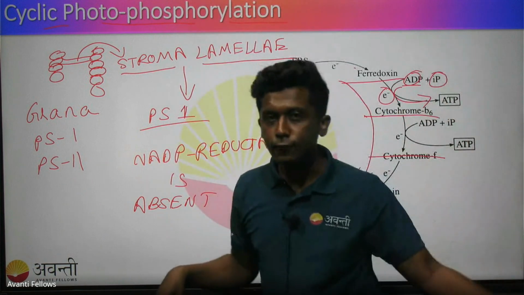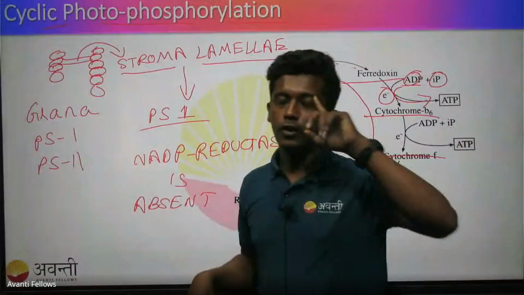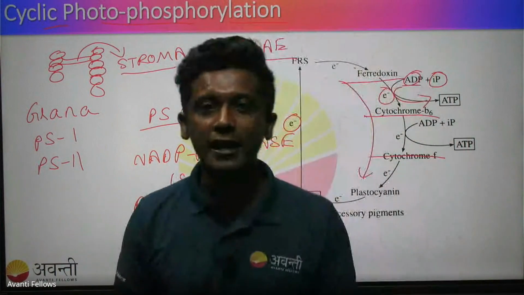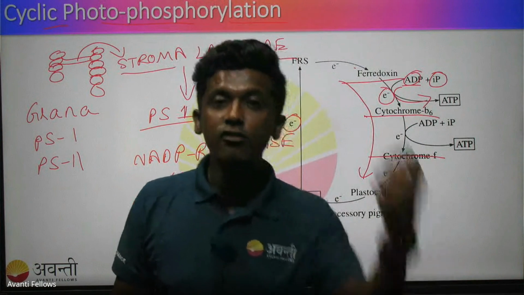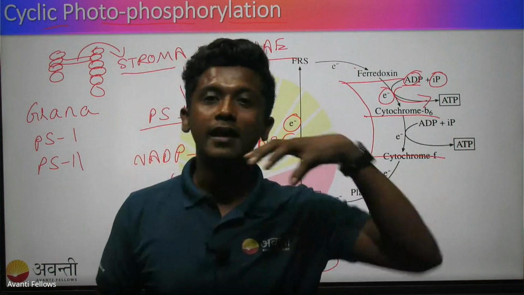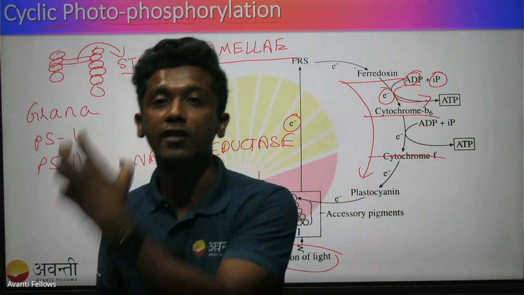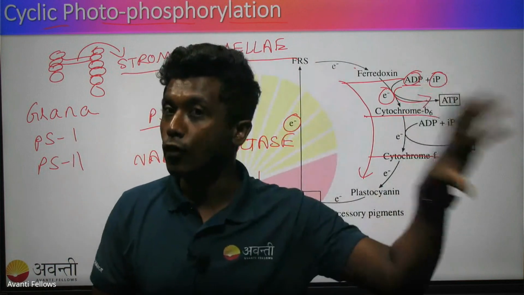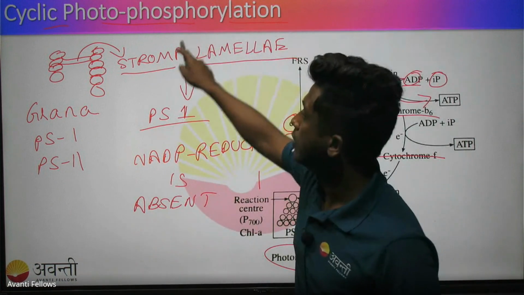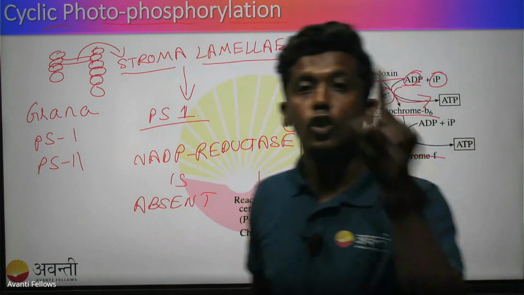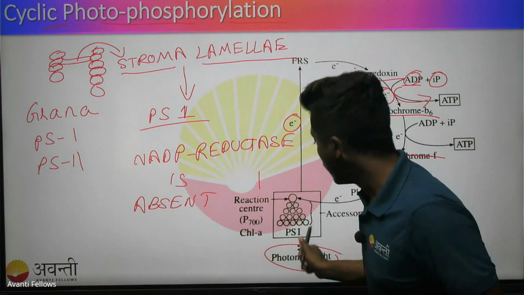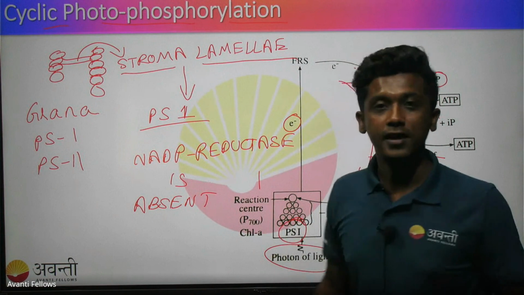So what happens in non-cyclic photophosphorylation? There is reduction of NADP plus to NADPH with an enzyme called NADP reductase, which is found in this photosystem. Clear? Whereas in cyclic photophosphorylation, only one photosystem is involved, that is PS1.